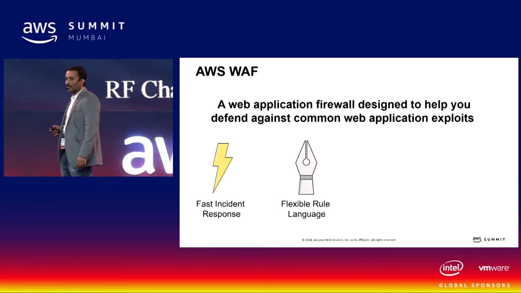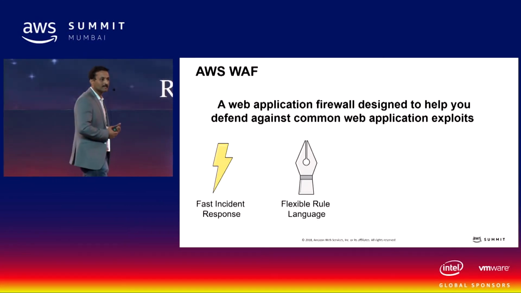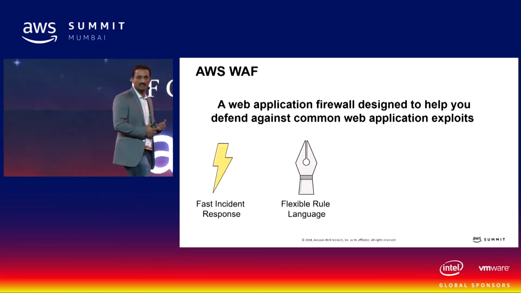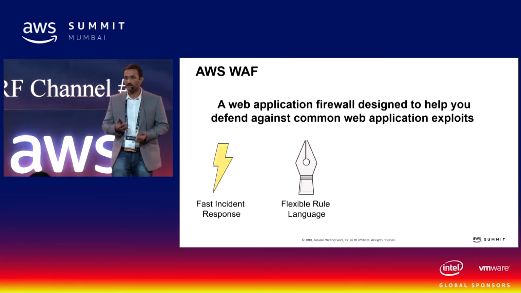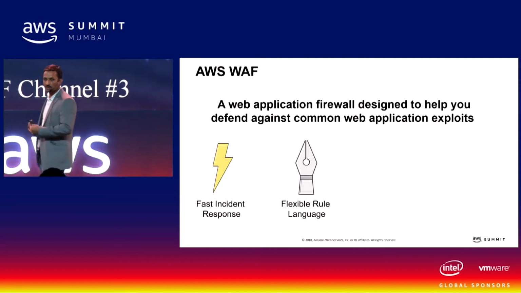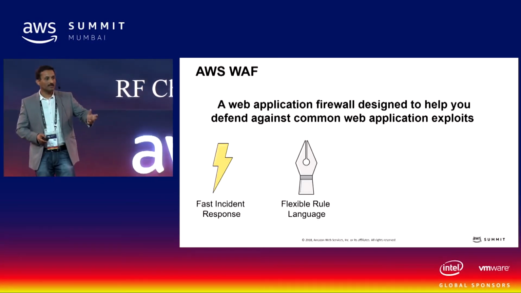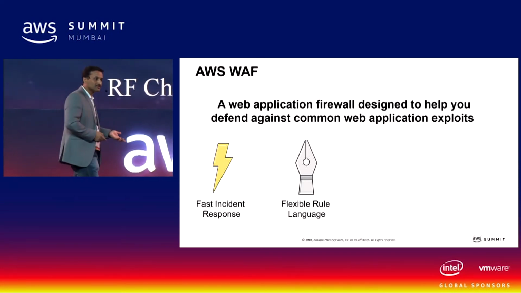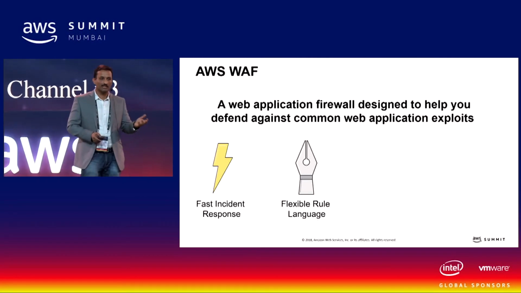Second thing, the rule language is very flexible. You can identify the endpoints, you can use regex, you can use conditions like and, or, right? Or you can use both. And then you can use pre-published IP reputation lists, where some IP addresses have a reputation of being malicious, right?